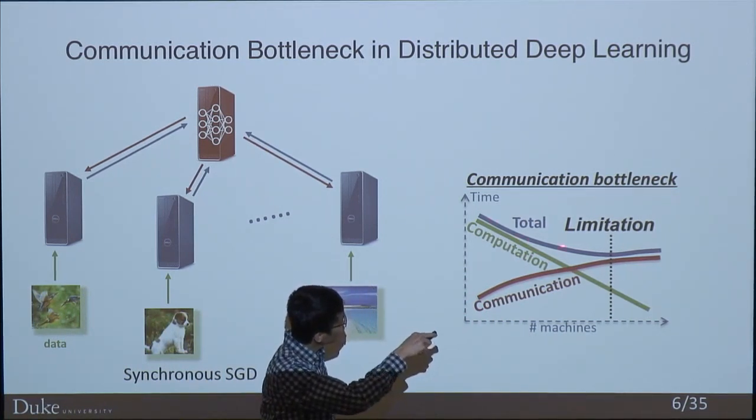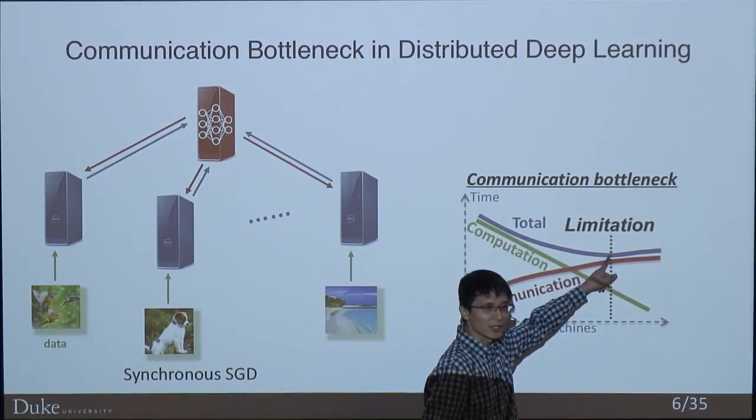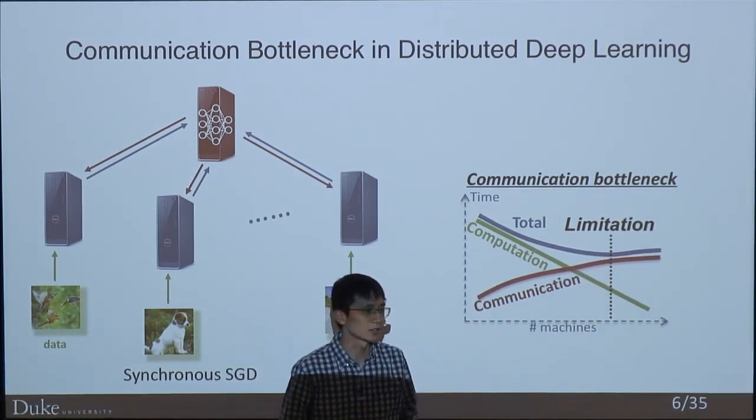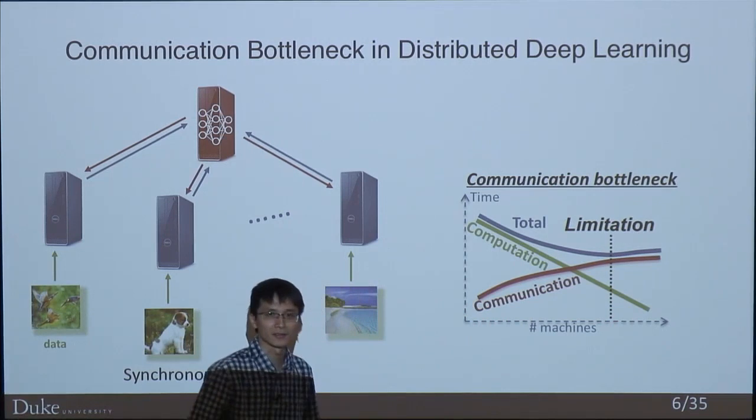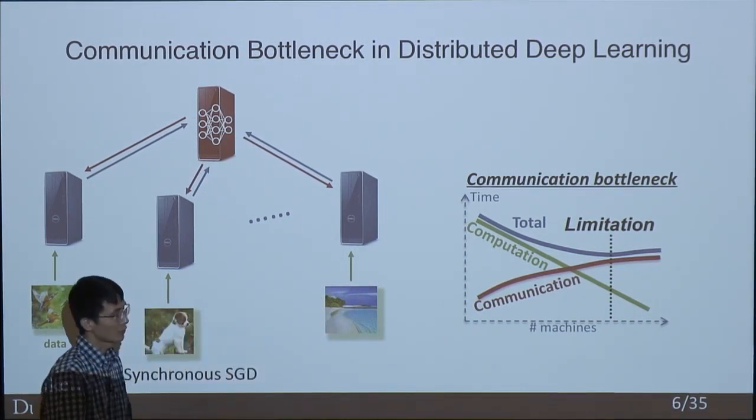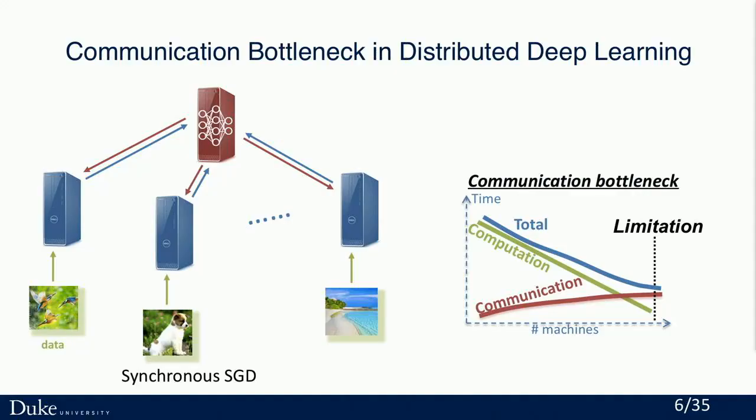So your total time will saturate at some point, and you cannot go beyond that point. So it limits the scalability of distributed deep learning systems. My research goal is trying to reduce the communication time and make the distributed training more scalable.